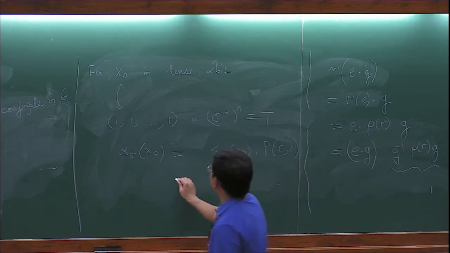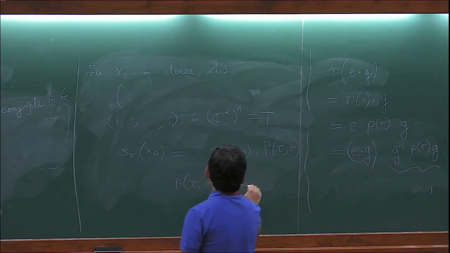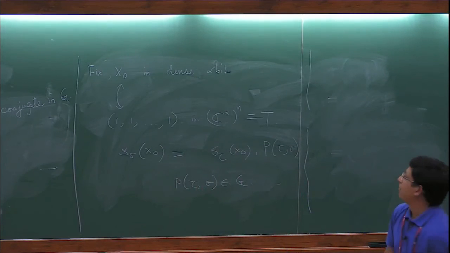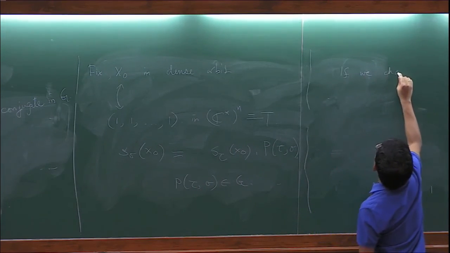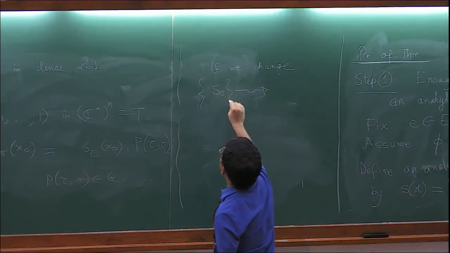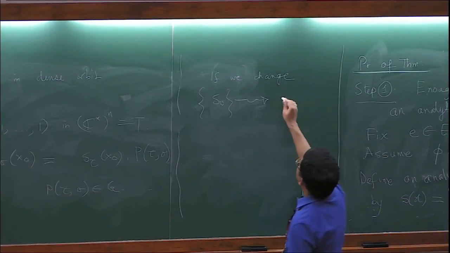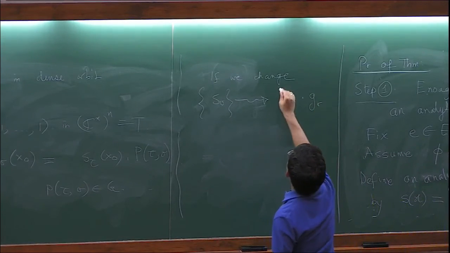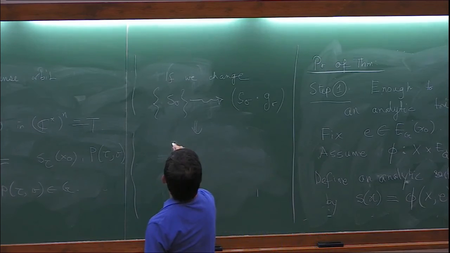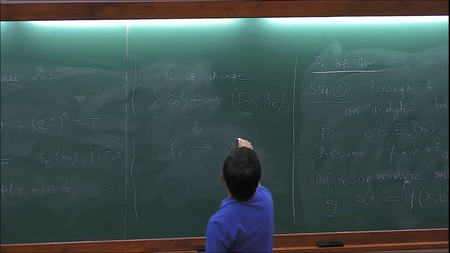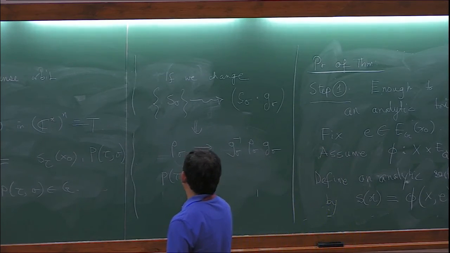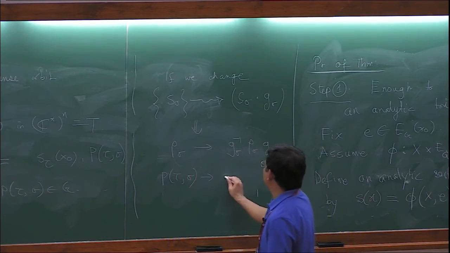So then this P tau sigma is an element of G. And if we change S sigma, so this is an entire collection, one for each of these fixed points, to S sigma dot G sigma, then what happens is that the rho sigmas will change to, I believe, G sigma inverse rho sigma G sigma, and the P tau sigmas will change to maybe one of these.